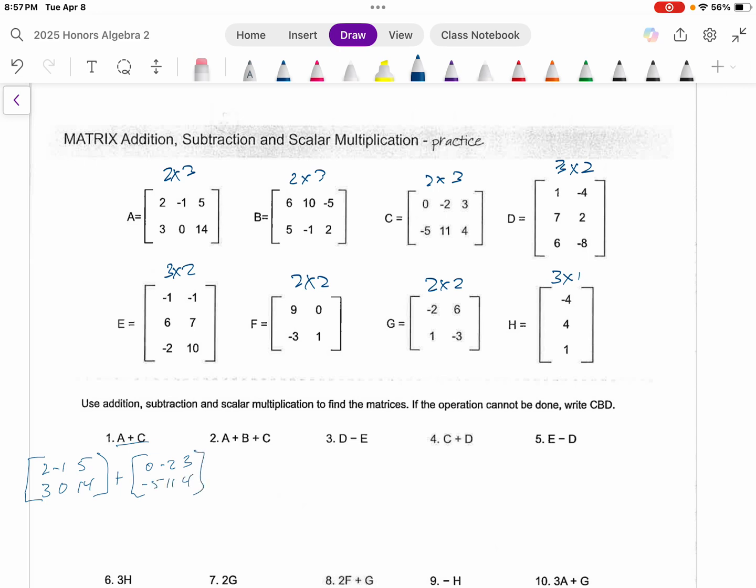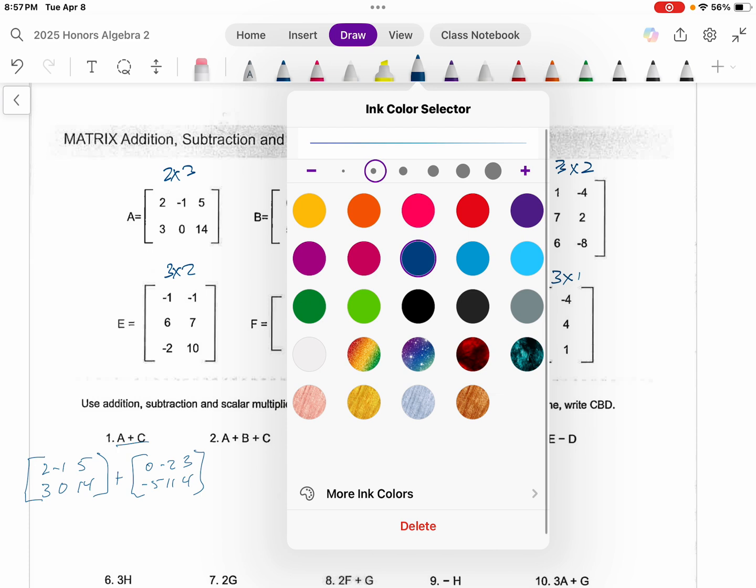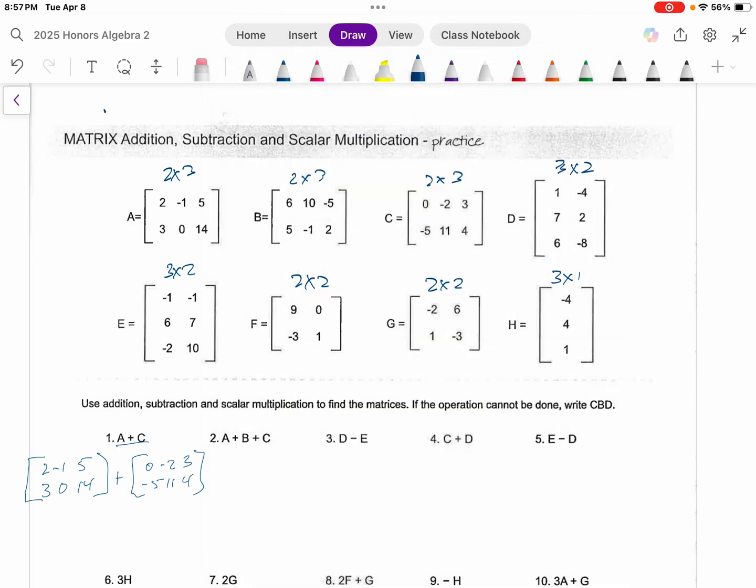And then because this ends up being a lot of space being taken up here. 2 plus 0 is 2. -1 plus a -2 is a -3. 5 plus 3 is 8. Next row, 3 plus a -5 is -2. 0 plus 11 is 11. 14 plus 4 is 18. And there is my answer matrix.